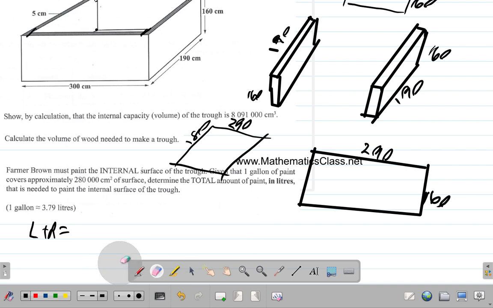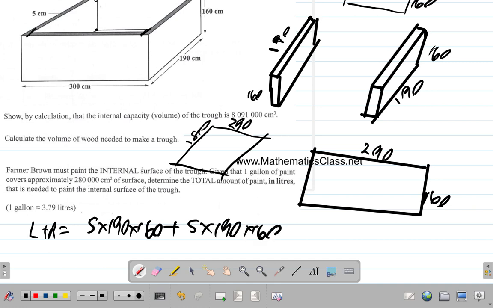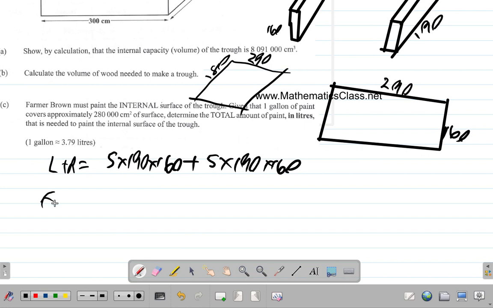So it would be 5 thick by 190 by 160 plus 5 thick by 190 by 160. That's the left and right. Now the front plus the back would be 5 times 160 by 290 plus the back, 5 times 160 by 290.